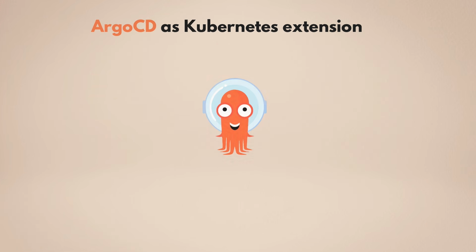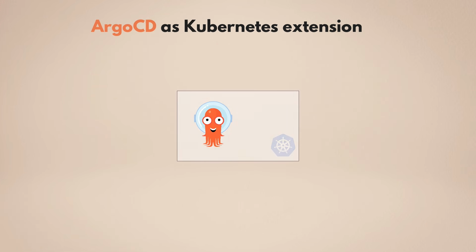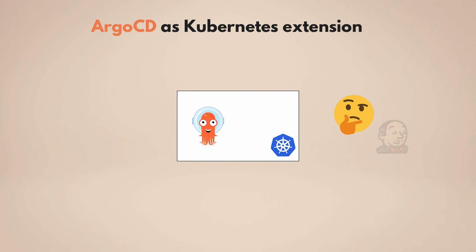As I mentioned, an advantage of using ArgoCD is that it's deployed directly in the Kubernetes cluster. But it's not just deployed in the cluster, because you can actually deploy Jenkins in the cluster too. It's really an extension to the Kubernetes API.